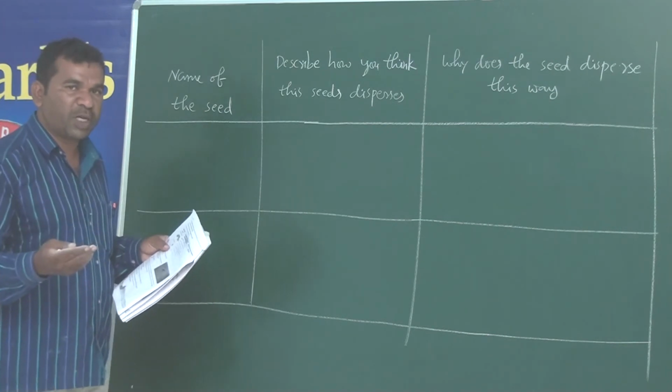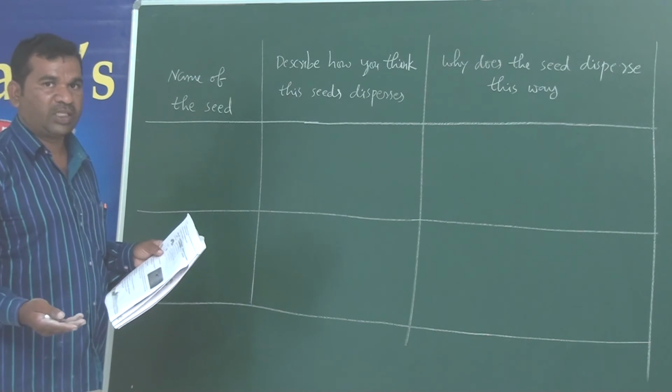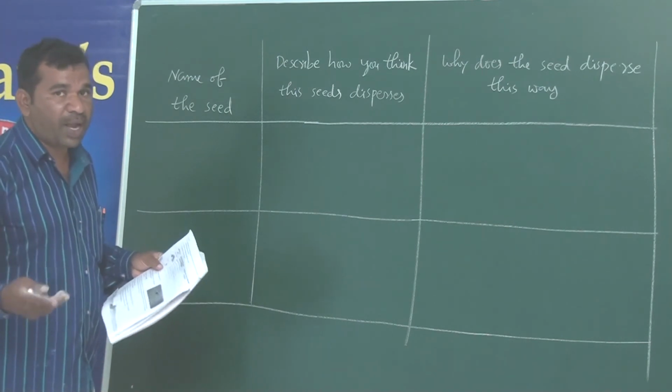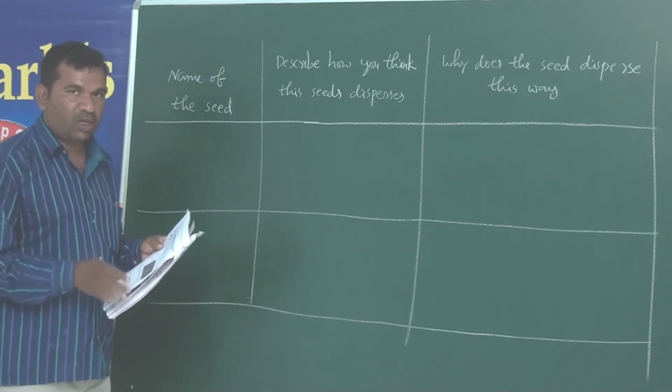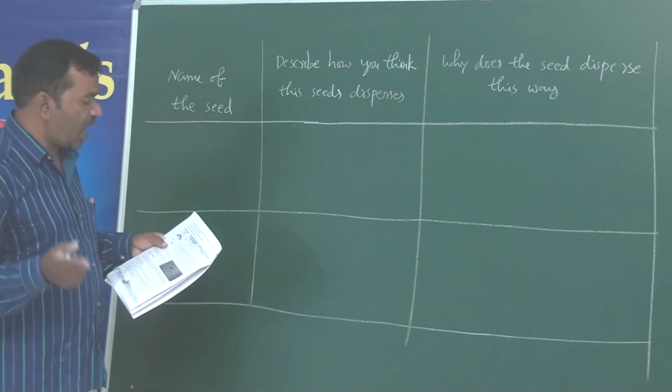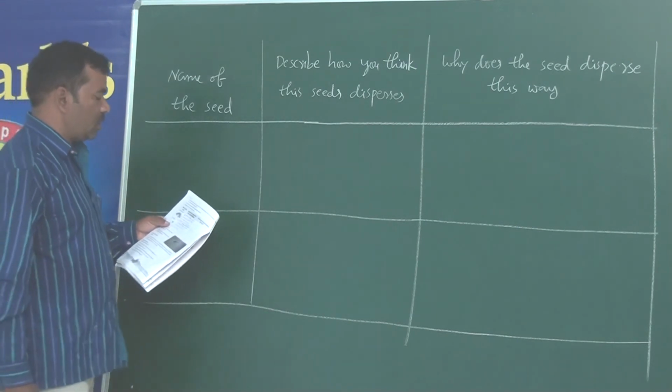Then if you use pencil, then it will be easy for you to rub it out. Understand? If you use any pen, then it will be hard for you to rub. You got my point? So therefore I recommend every student to use pencil.